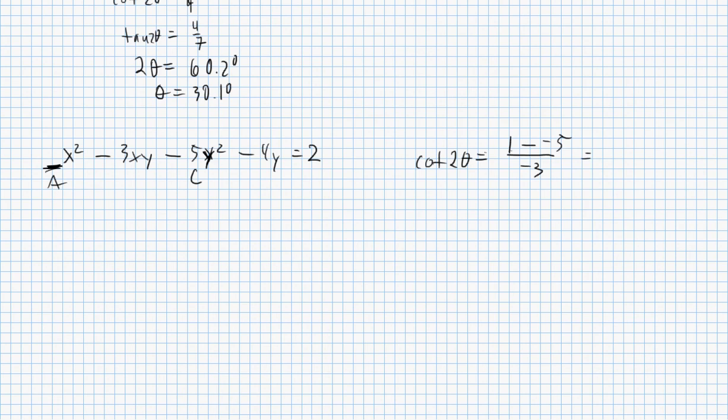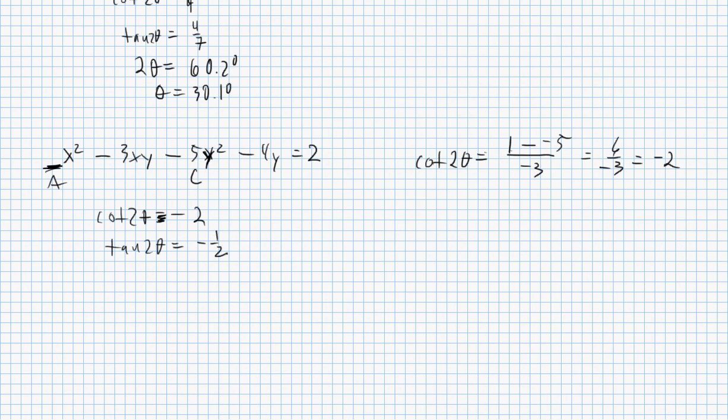Okay, 1 minus negative 5 is 6, over negative 3, that's going to give us negative 2. So now we've got cotangent 2 theta is equal to negative 2. Or, flipping both sides of the equation, tangent 2 theta is negative 1/2.